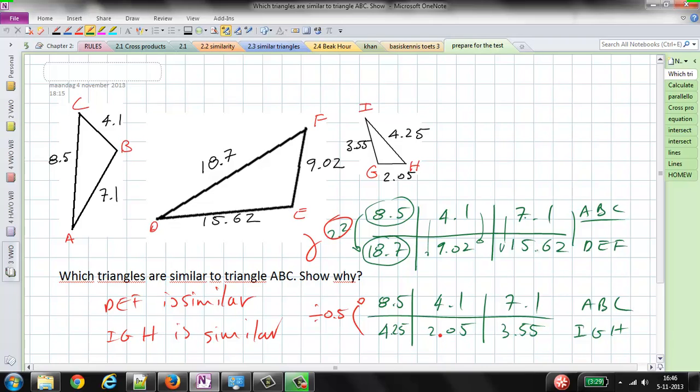So what I've done is I've done ABC here. I've got the 8.5 for this long side, the 4.1 for this side.